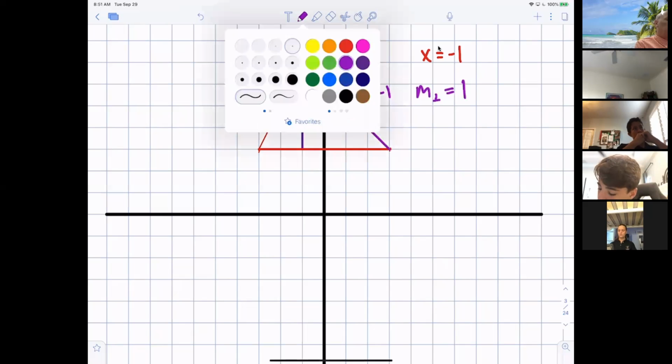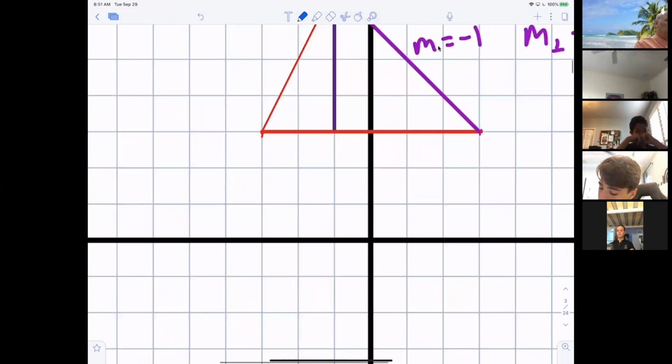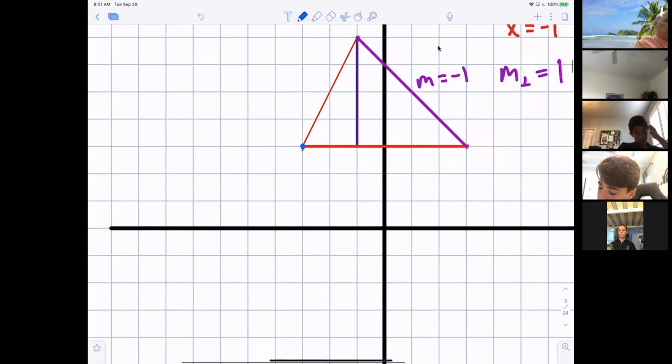From the vertex, way over here, I'm counting to the other line, which means I'm going to go up 1 over 1, up 1 over 1, up 1 over 1. Now I'm drawing this from here to here.